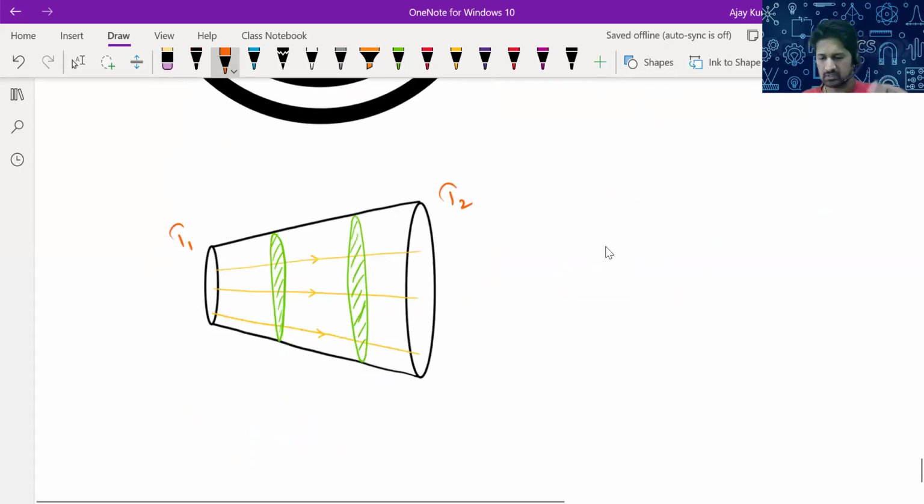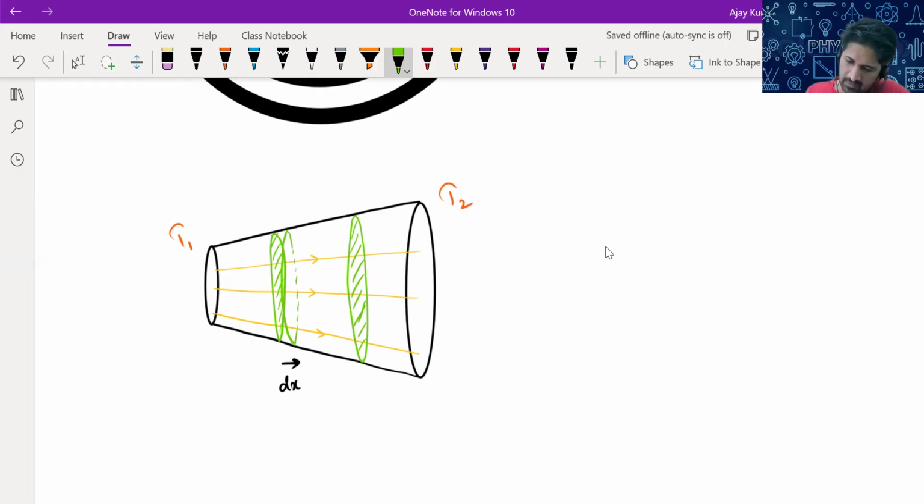Now consider this cone situation. As you move from left side to right side, the area of cross section will keep changing. But if you take a very small distance, something like dx, through which heat is flowing, you can assume the area of cross section doesn't change much. You can assume for that small distance, the area of cross section is uniform.